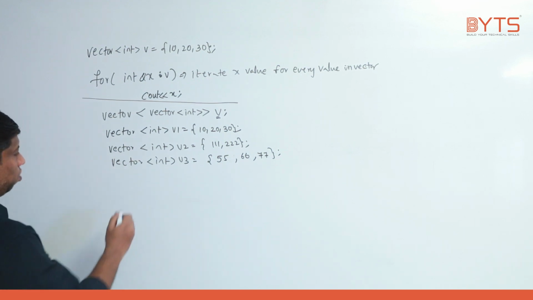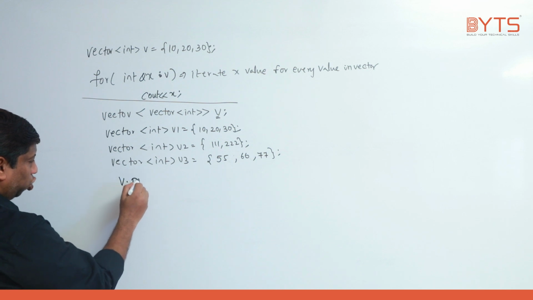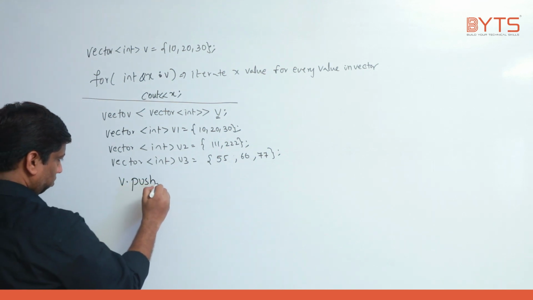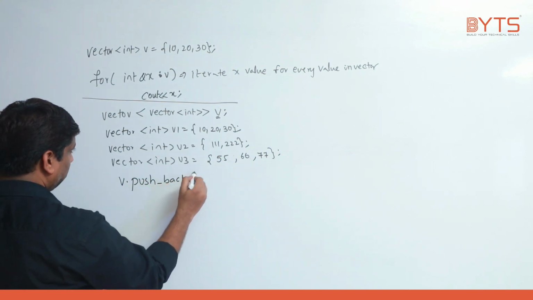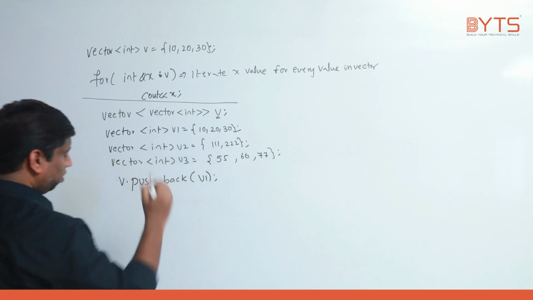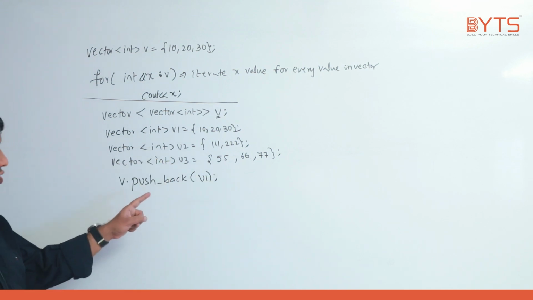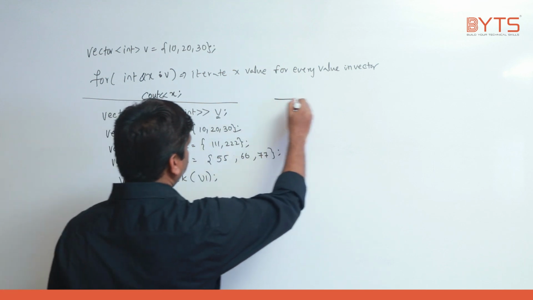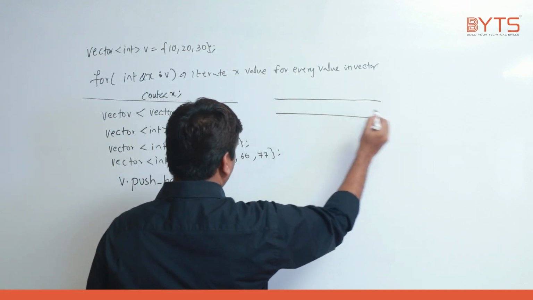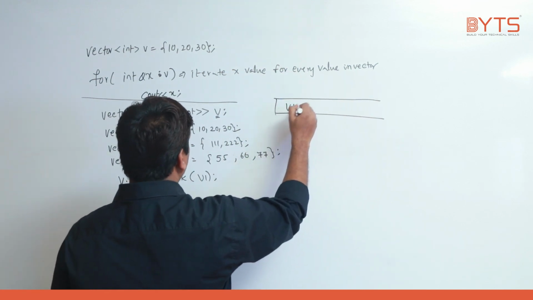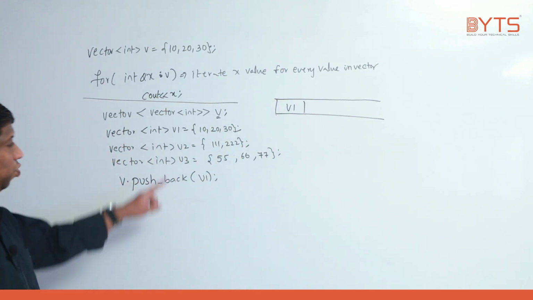So how can I do that now? v dot push underscore back of v1. Whenever I write v dot push underscore back of v1, in the vector object first we stored v1.